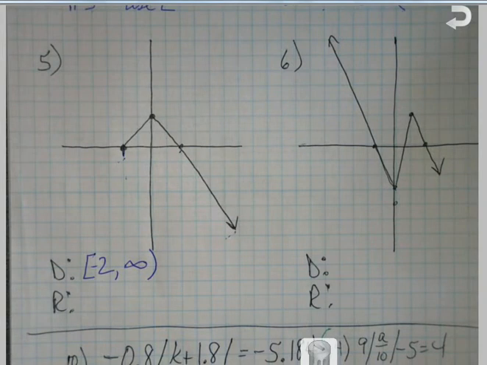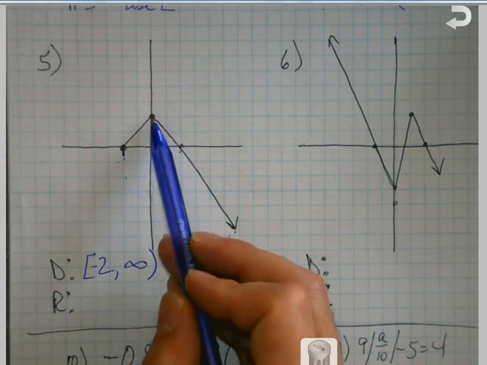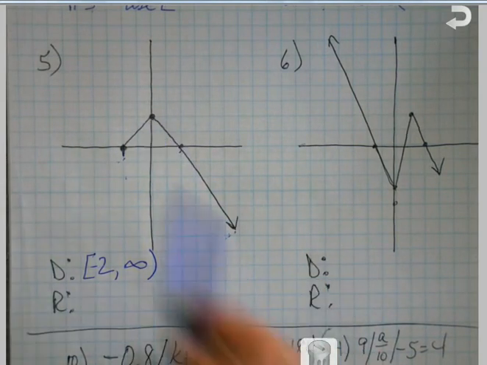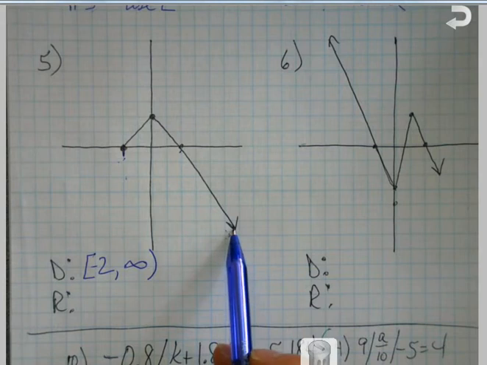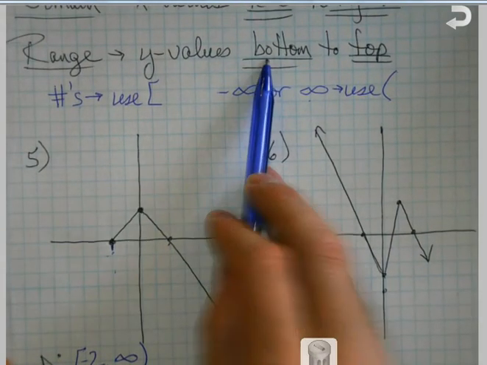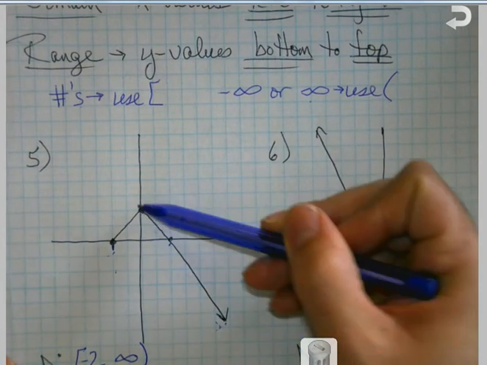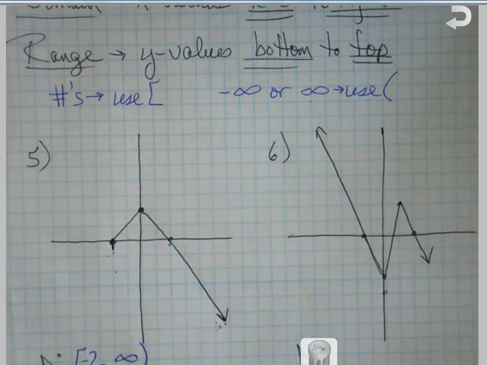It's infinity. My range, and again, it's a minor thing. Some of you were saying it was from 2 to negative infinity because you noticed the arrow going down, but there's a problem. Range goes bottom to top. If you say it's from 2 to infinity, you're going top to bottom. You've got them flipped.